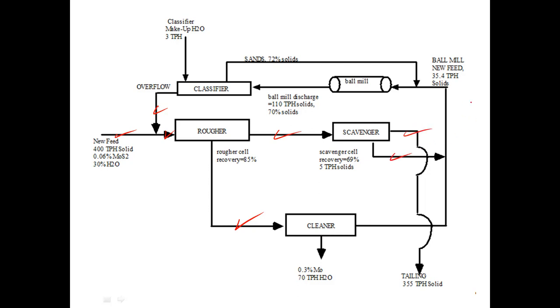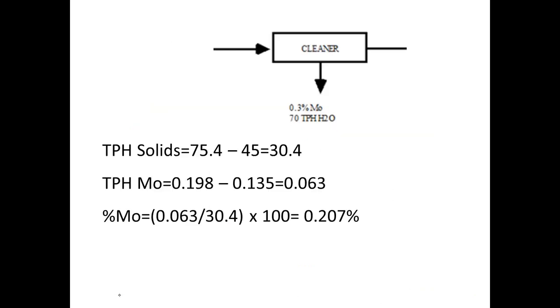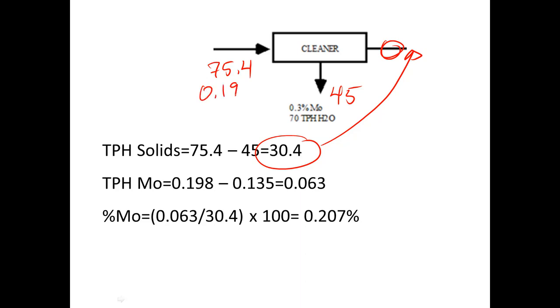Okay, next let's look at the cleaner tail. Looking at the cleaner tail, there was 75.4 tons fed in. There was 45 tons in the cleaner concentrate, giving us a total solid value of 30.4 ton per hour solids. There was 0.198 molybdenum fed in.